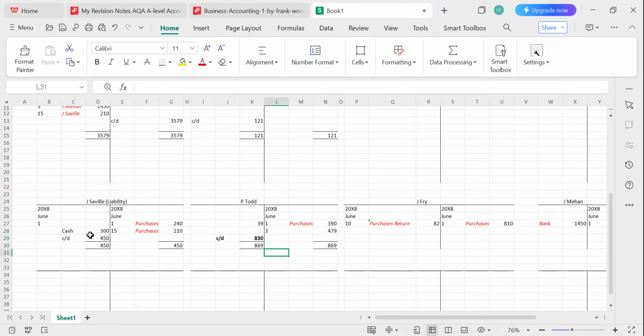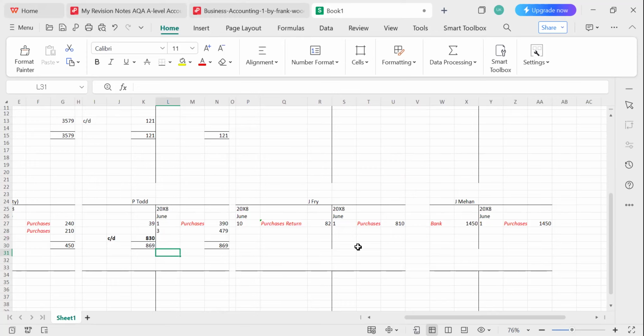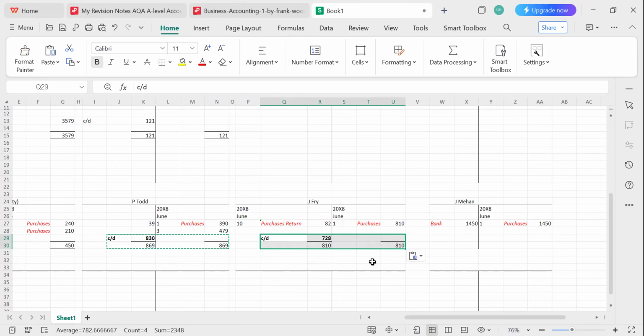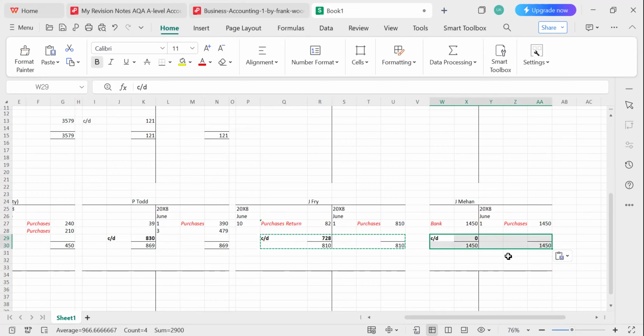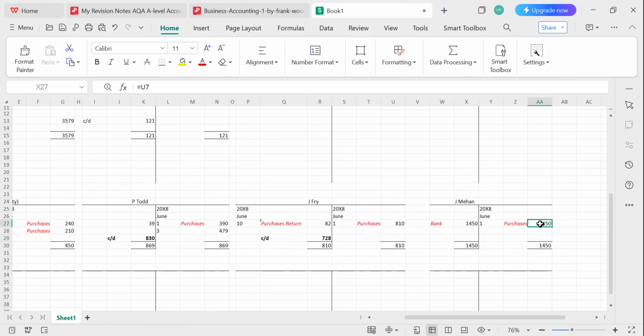Okay. Here, carried down balance is 728. Here, there is no carried down balance because both sides are equal. This is 145, 145. So our account is closed.